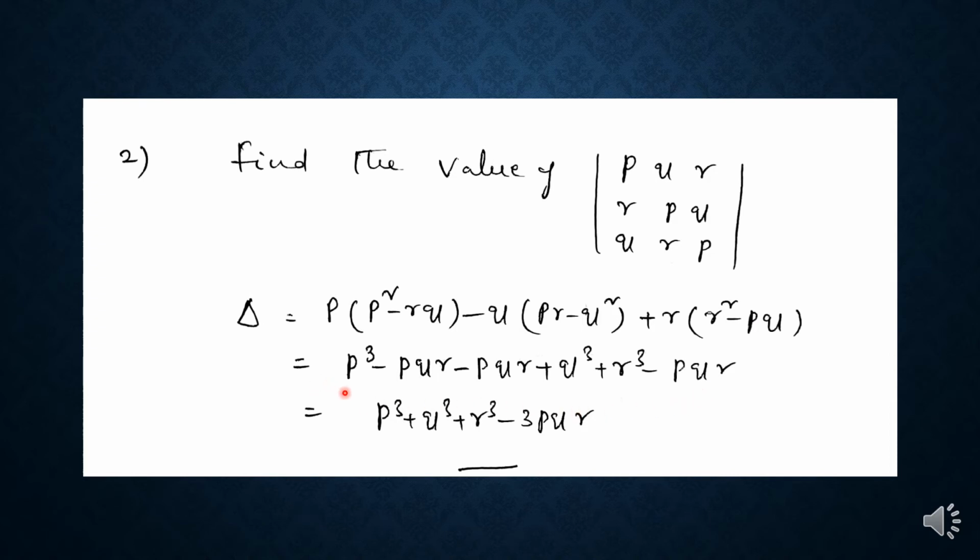That is p cube plus q cube plus r cube minus pqr minus pqr minus pqr. So 3 times the same term is there, so that becomes minus 3pqr. So the determinant value is p cube plus q cube plus r cube minus 3pqr.